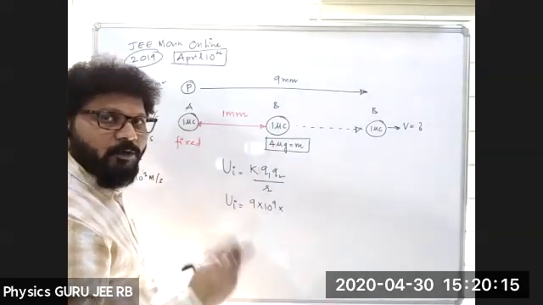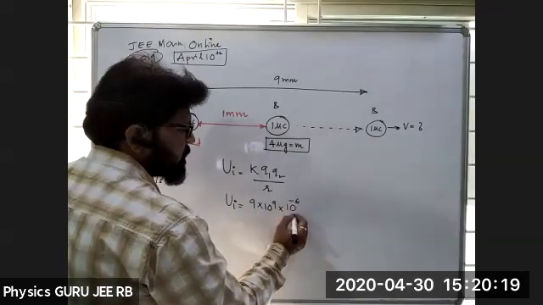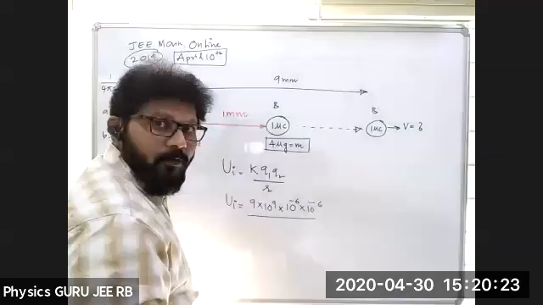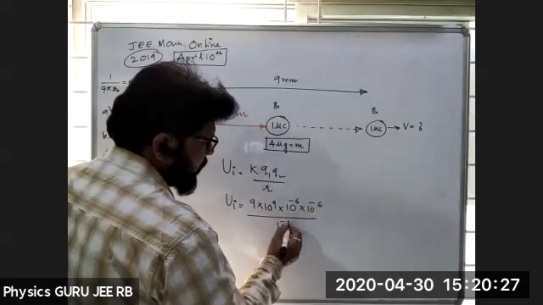Micro means 10 to the power of minus 6. So 10 to the power of minus 6 into 10 to the power of minus 6, divided by R. R is 1 millimeter, 10 to the power of minus 3.